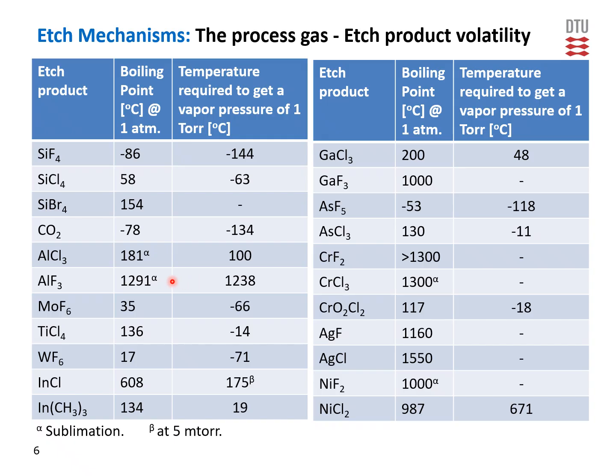The product may be sputtered off, but if that happens, then it will just redeposit either on the sample, probably most of it will be on your sample, but also some of the aluminum fluoride will end up somewhere else in the chamber. So this is of course something that we don't want.